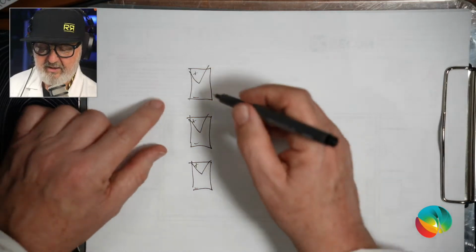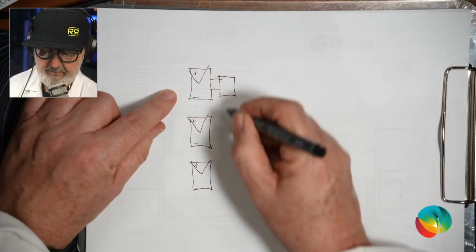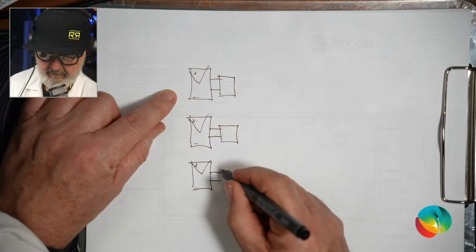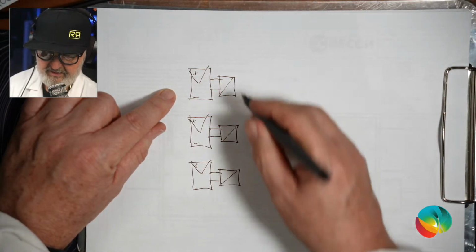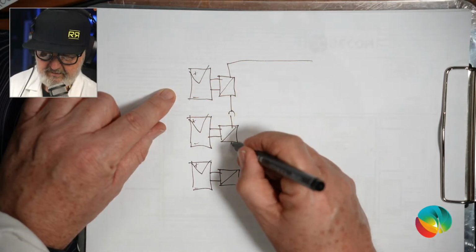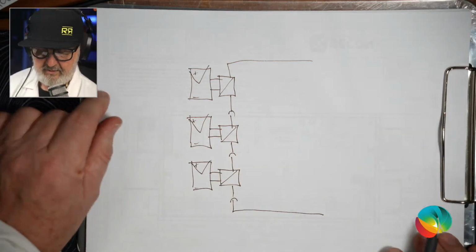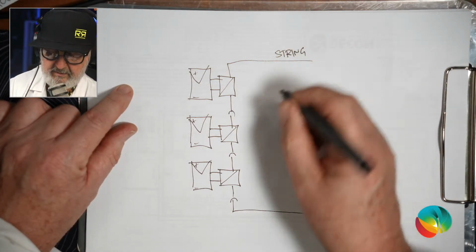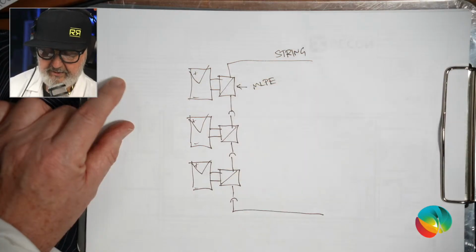But with MLPE, you can have a device that sits between the module and the string, like this. So these are MLPE devices, and therefore we've got a string like this. So that's the string, and that is the MLPE, module level power electronics.